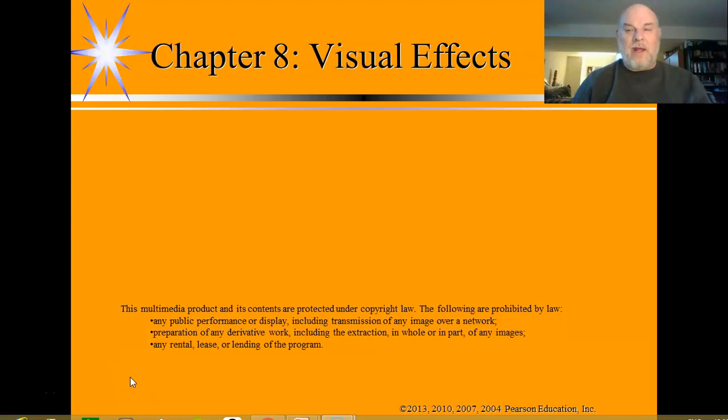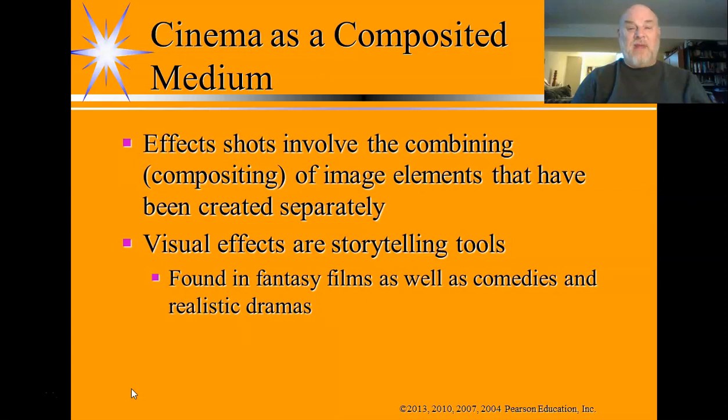Well, hello everyone, and welcome to our lesson on visual effects and our discussion of how visual effects can be used to contribute to the meaning of a film. Now, film by its nature is what we call a composited medium. So, film combines already several different elements that contribute to its meaning.